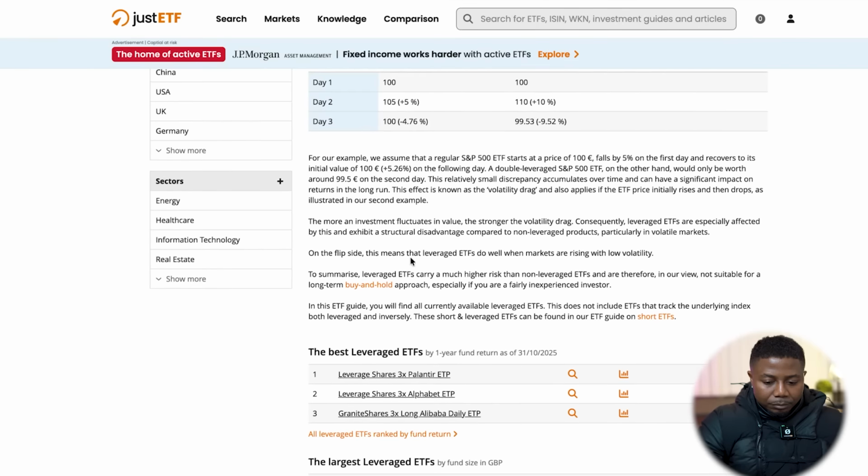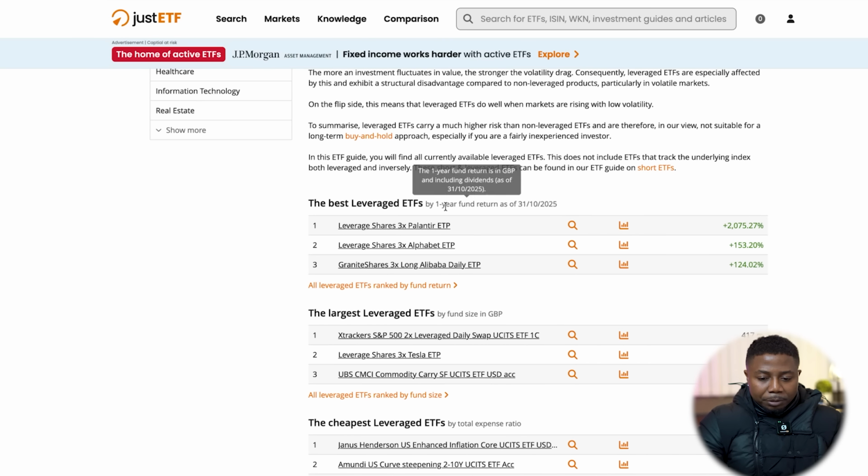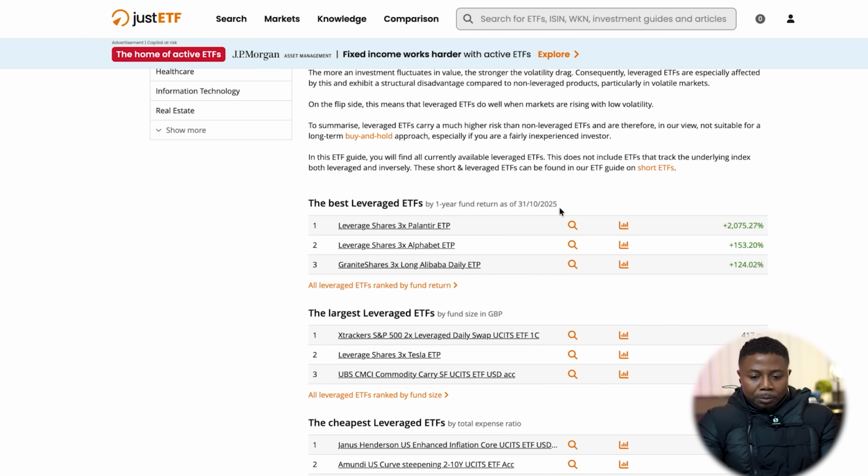So we're going to get to the point of actually investing in this. When you're on JustETF, you can search leverage. At the bottom it tells you the best leverage products, as of 31st of October 2025.